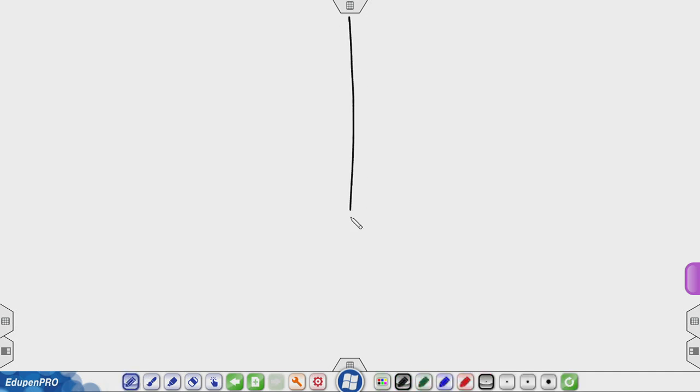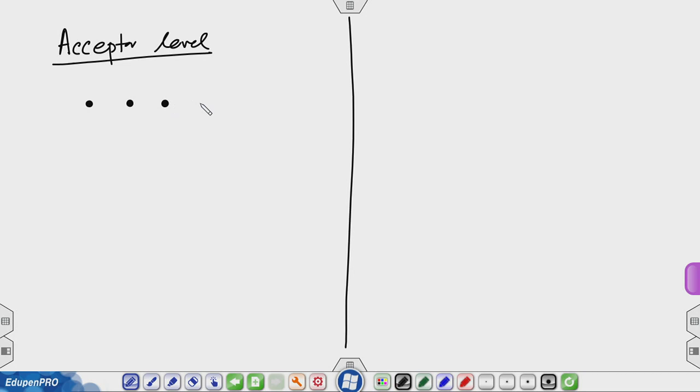Now, this is where the concept of hole comes in really handy. Acceptor level. What is happening in the acceptor level is this, that you have these silicon atoms, and in between I have put this aluminum atom.